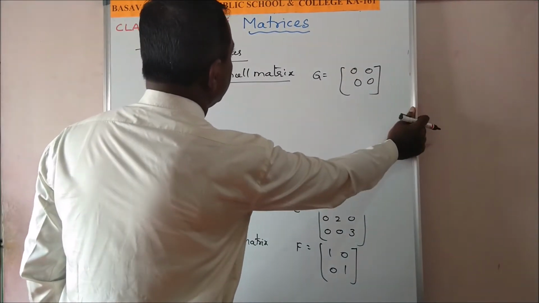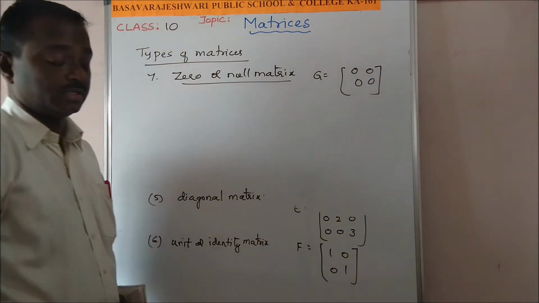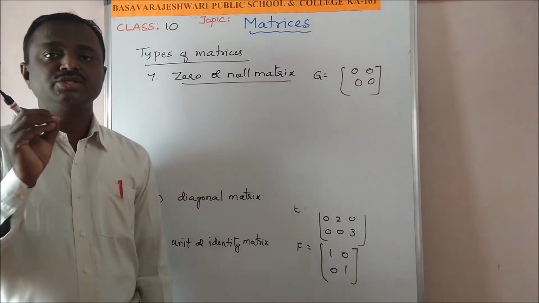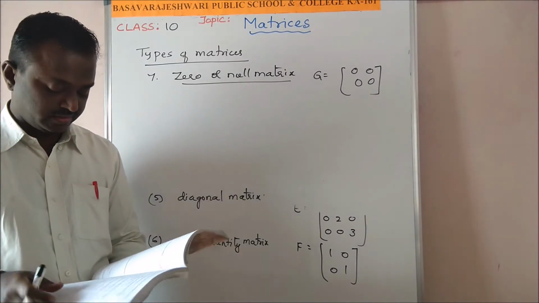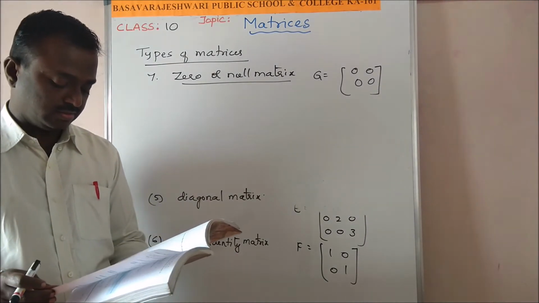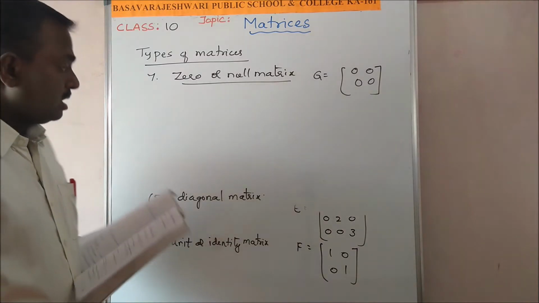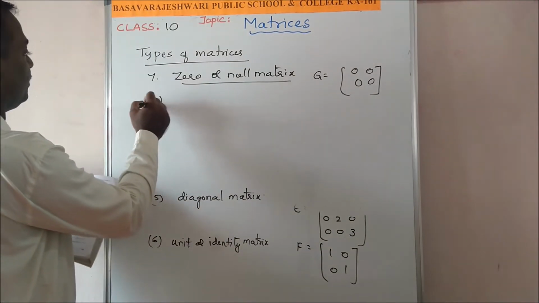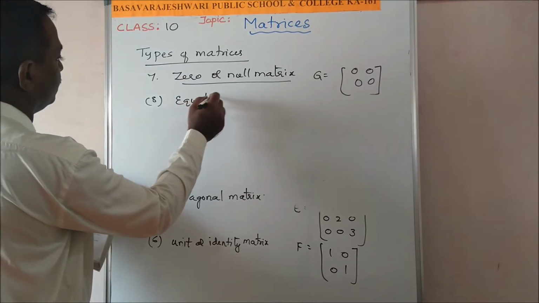Such a type of matrix is called a 0 or null matrix. Okay. Now we'll come to the next type, equal matrices.